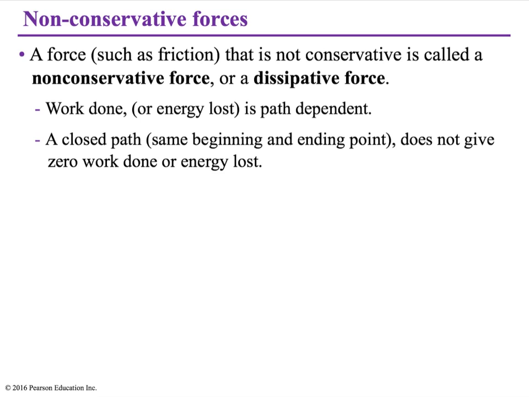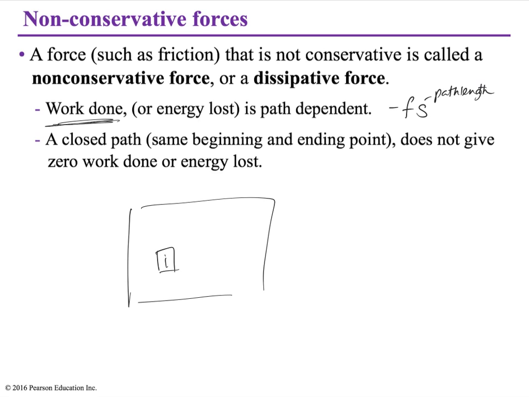So what we were saying here is when we have something like friction, definitely the work done, which here we really said was minus the frictional force times the path length, is definitely path dependent. And if I had moved my object around and ended up where I began, I would still have lost the energy, because all along this path the friction is acting and losing heat to the surroundings.